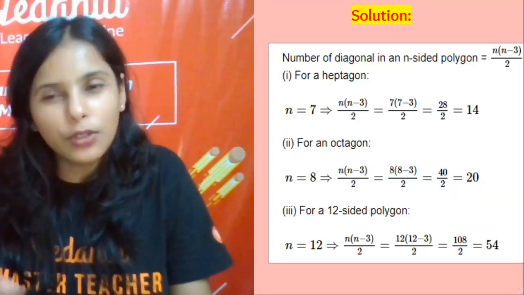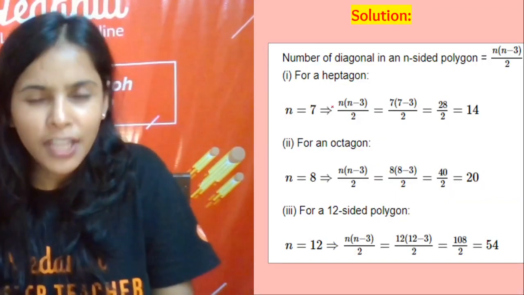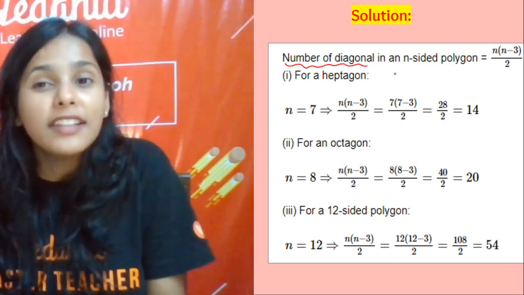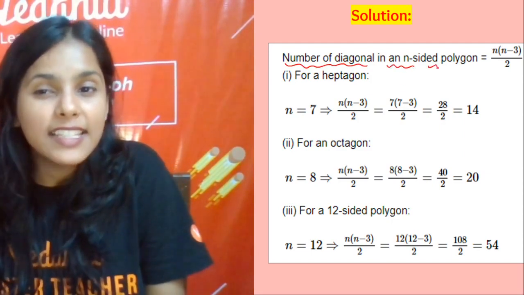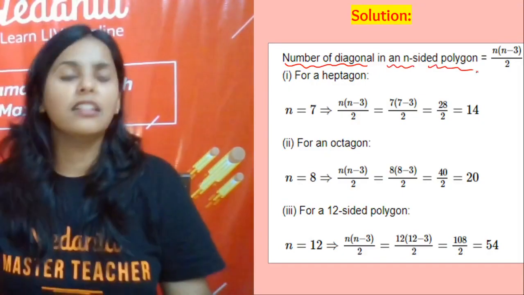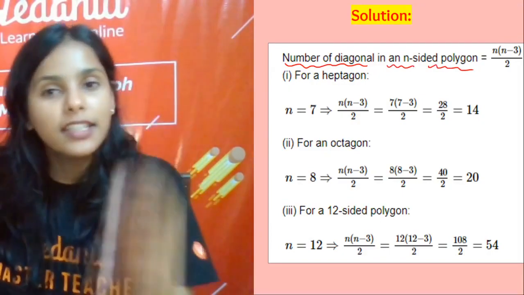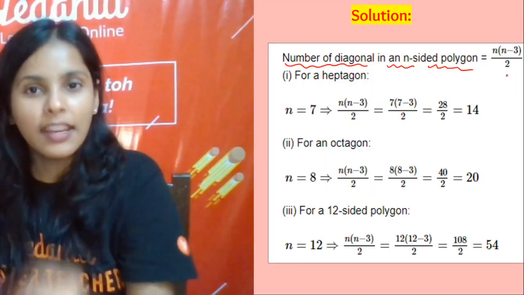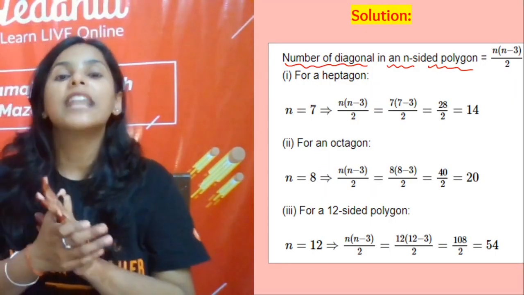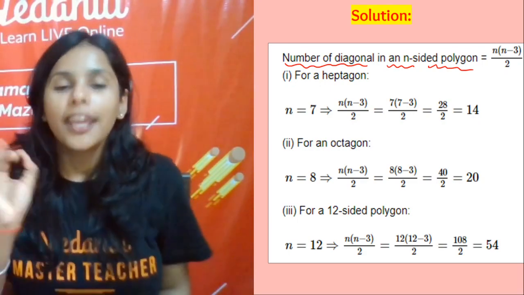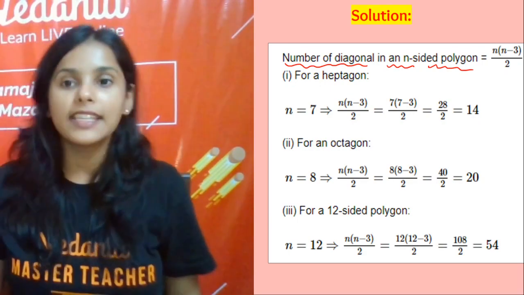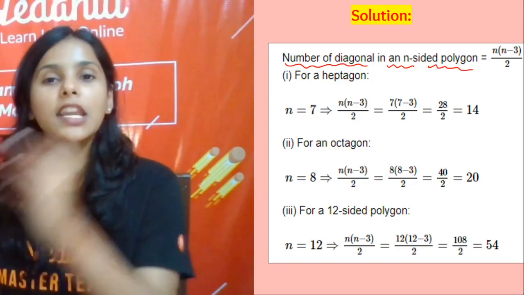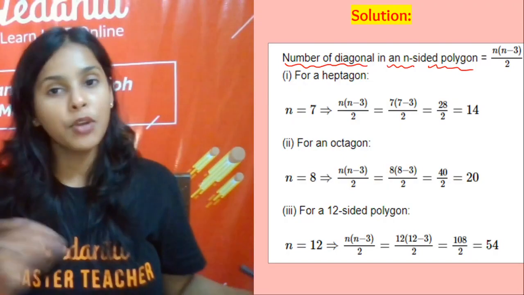For those who don't know, if you need to find the number of diagonals in an n-sided polygon, that means any polygon, then you just need to use the formula n(n minus 3) upon 2. That's it. Just remember this formula, and you are done.